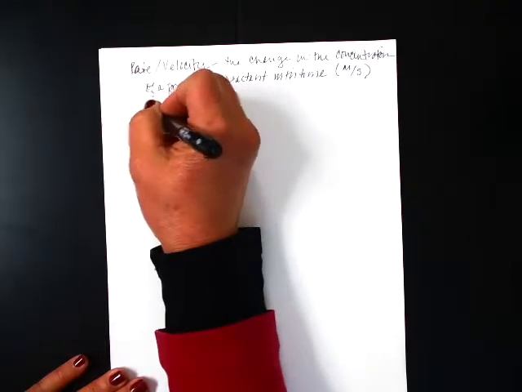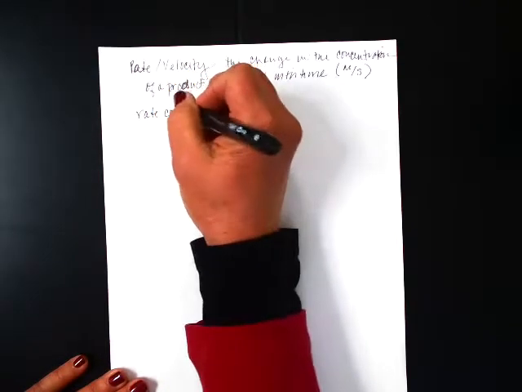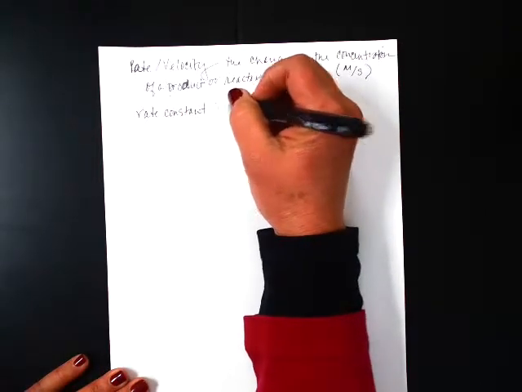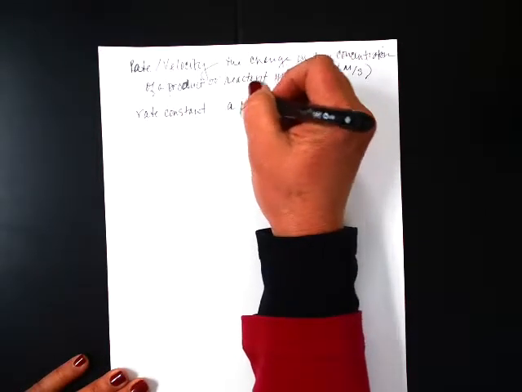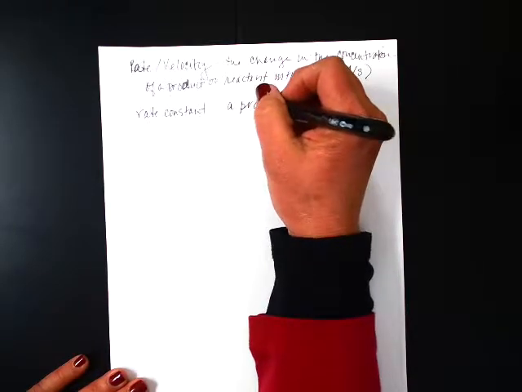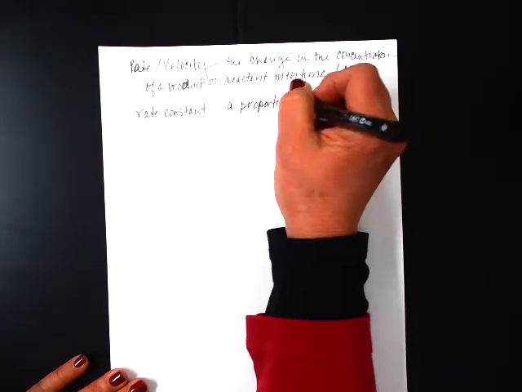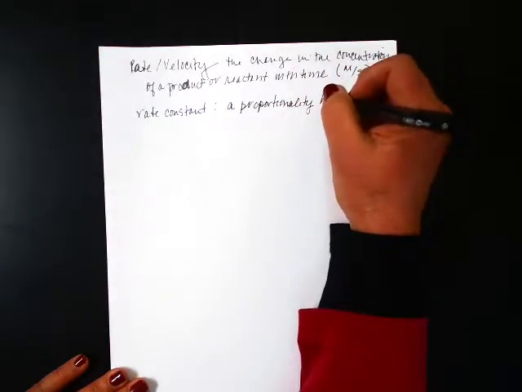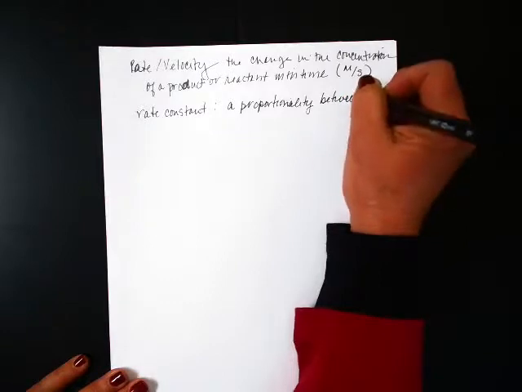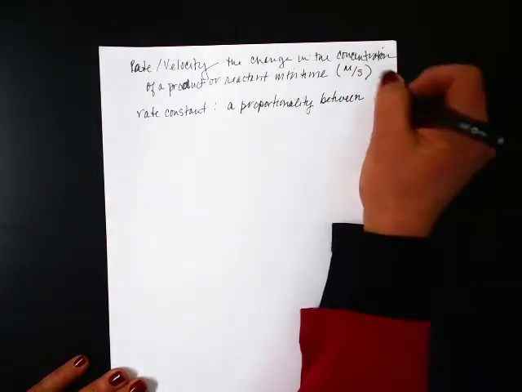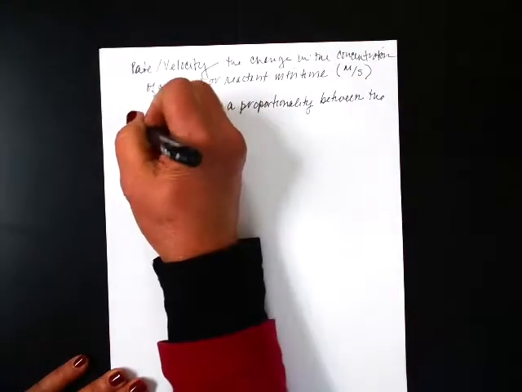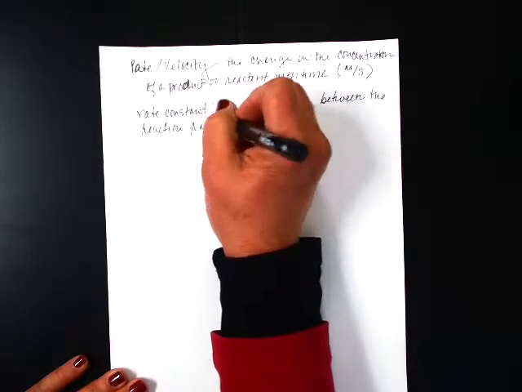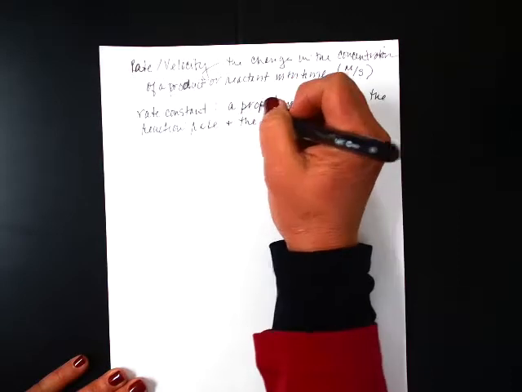The rate constant is a proportionality constant, or a proportionality between the reaction rate and the concentration of the reactants.